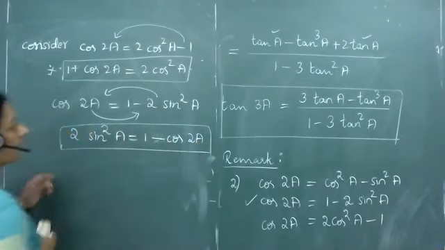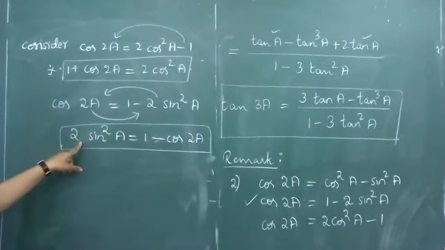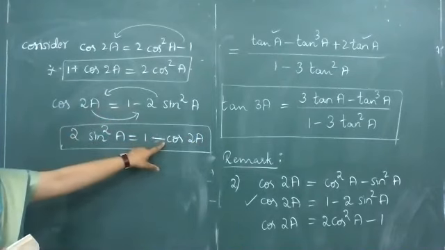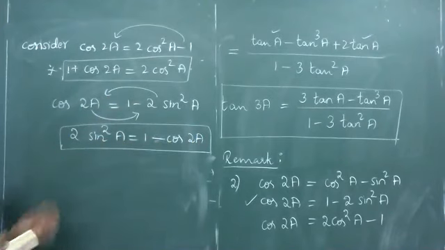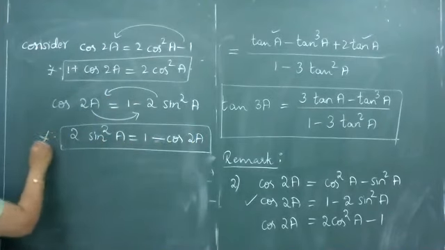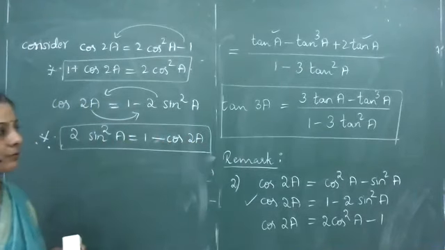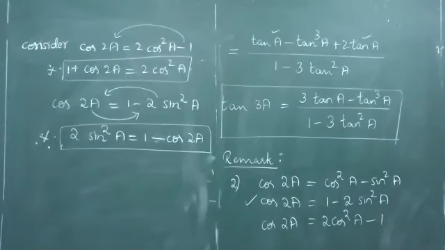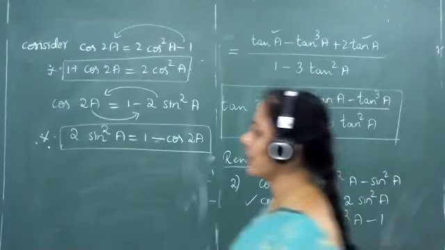We have 2 sin squared a transposed to the LHS, so there is a plus sign in the LHS now, which is equal to 1. Cos 2a will be transposed to the RHS. You have 1 minus cos 2a. This again will be important for us when we have to deal with certain problems related to multiple angles. This is the second remark.